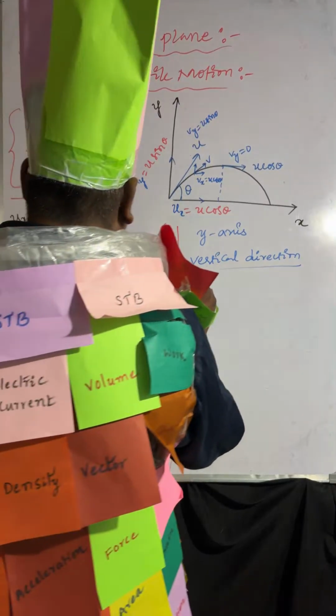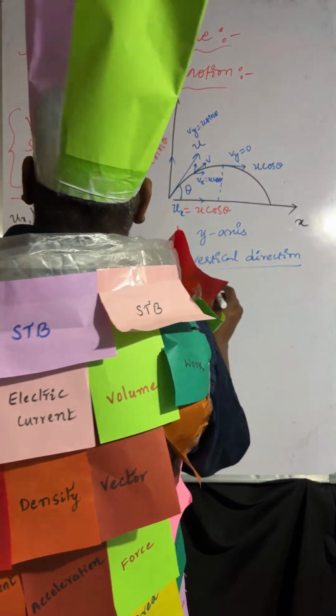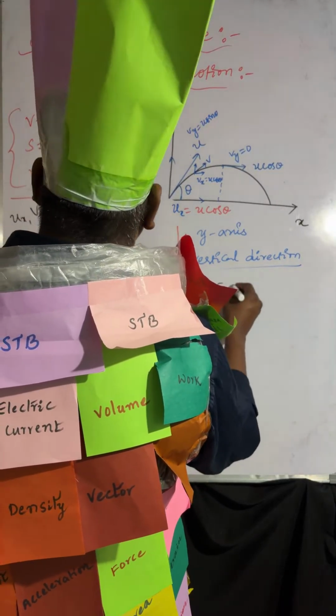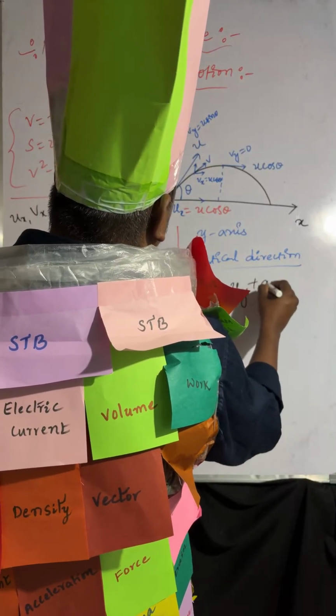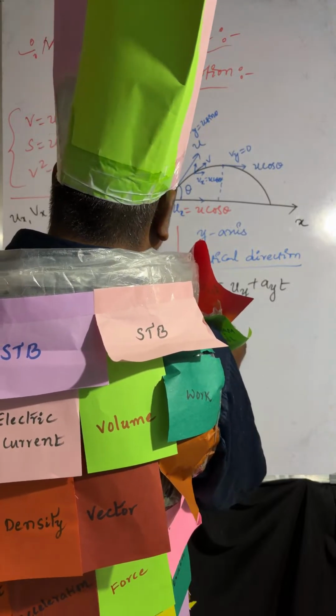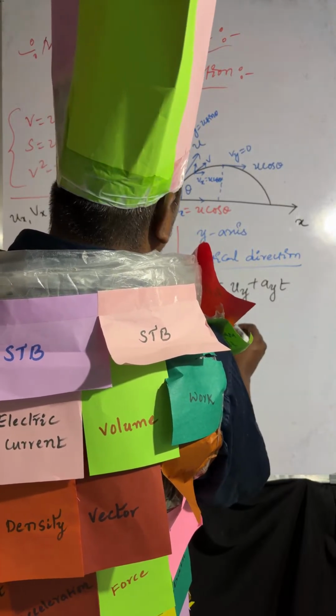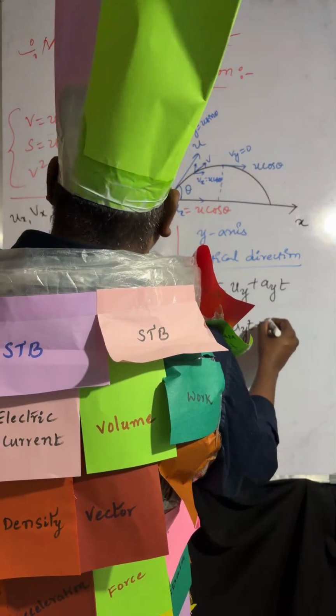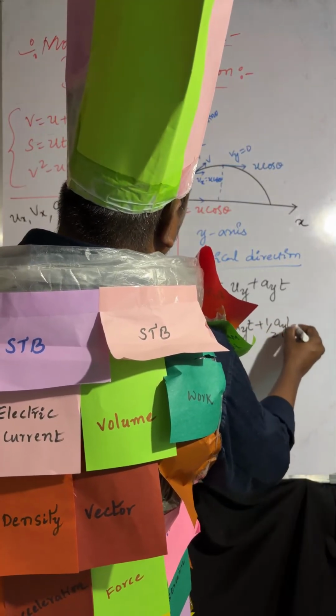And coming to the vertical direction, vy equals uy plus ay into t. The second one is y equals uy t plus half ay t square.